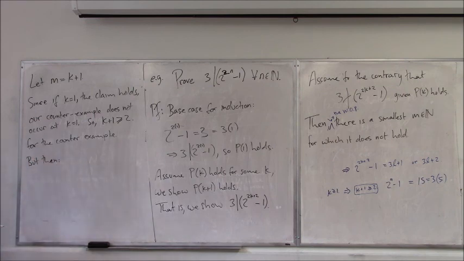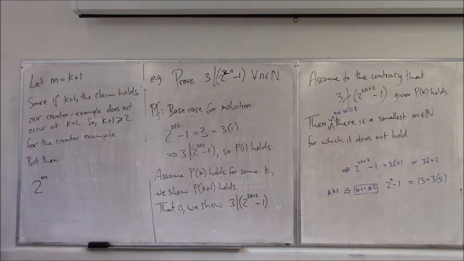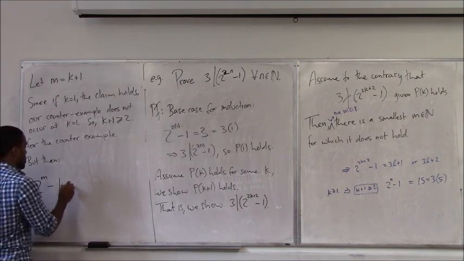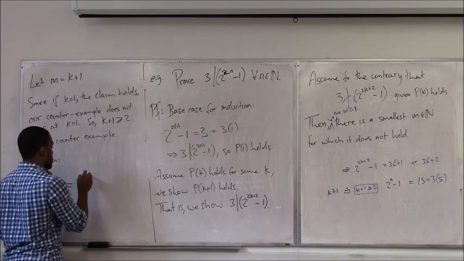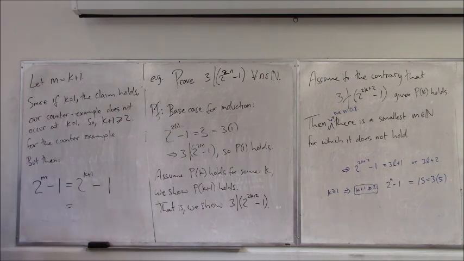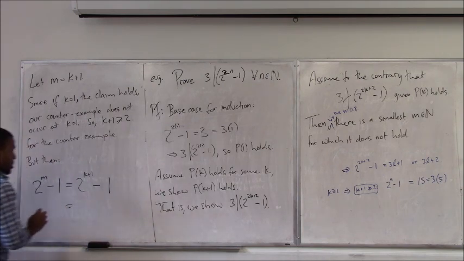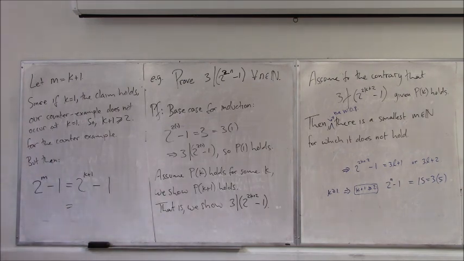Then, if you have 2 to the n minus 1, this would be equal to 2 to the k plus 1 minus 1. Do you see how we're going to get divisible by 3 here?